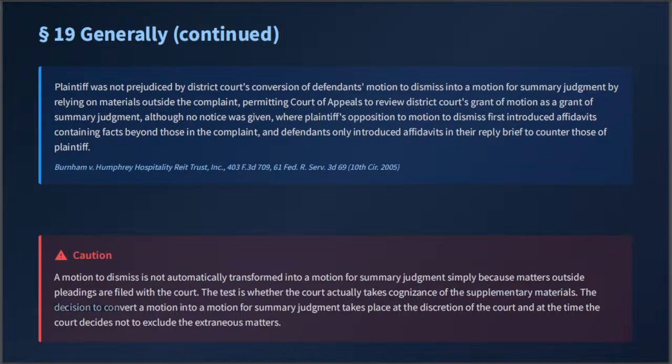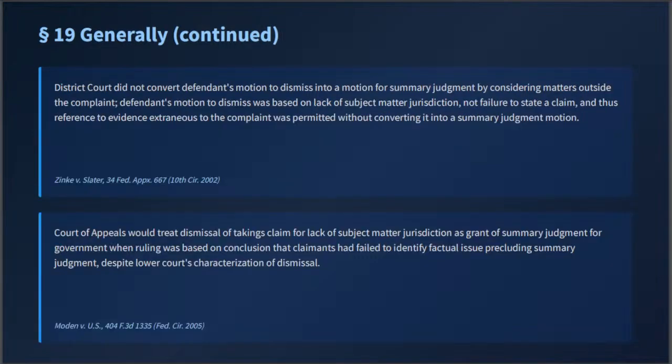The decision to convert a motion into a motion for summary judgment takes place at the discretion of the court and at the time the court decides not to exclude the extraneous matters. So, it's discretionary. Key to know this, it's not a mandatory conversion. So let's look at some of these discretionary applications of converting a motion to dismiss or other motions on the pleadings to a motion for summary judgment.